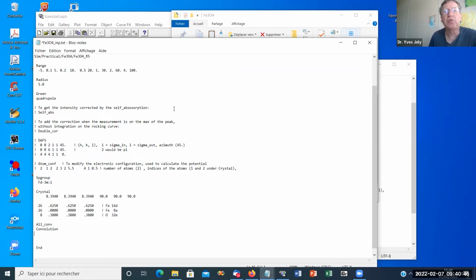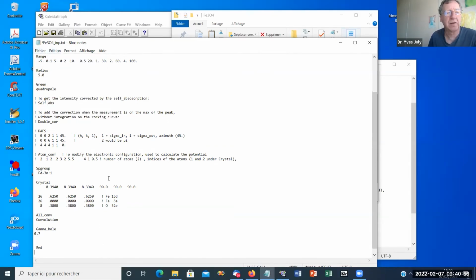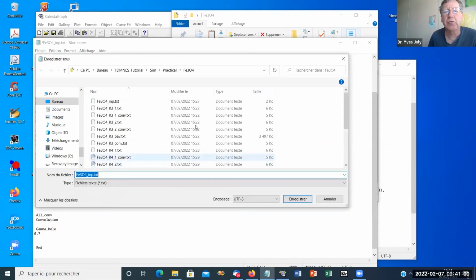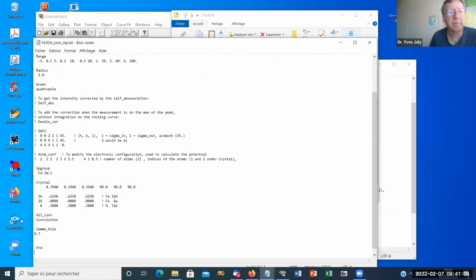So it's possible, in fact, to build a new in-data file to make only the convolution. Well, I write it in that way. Save.